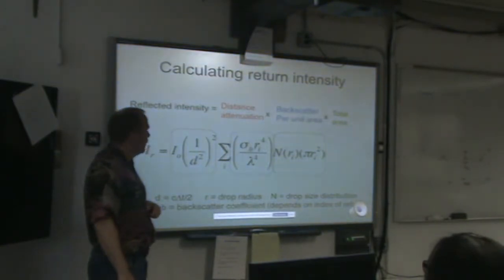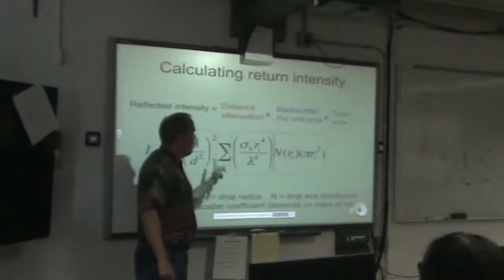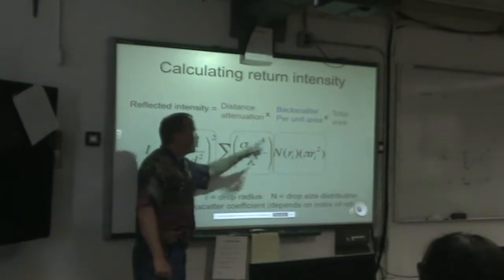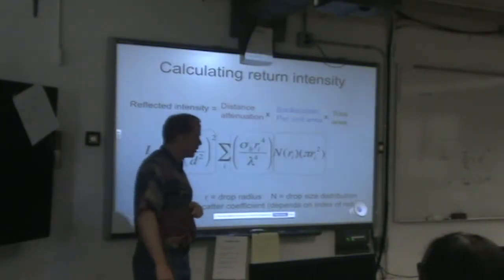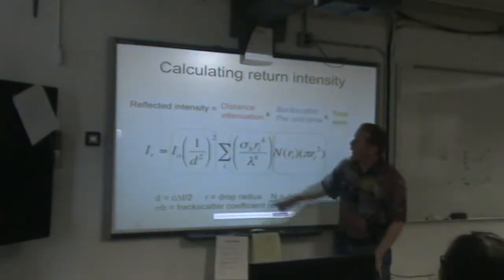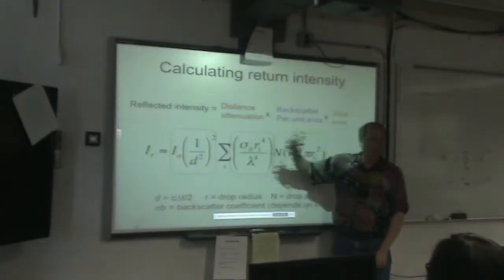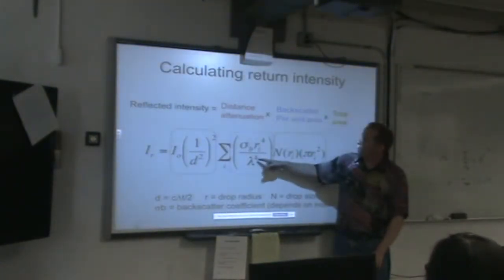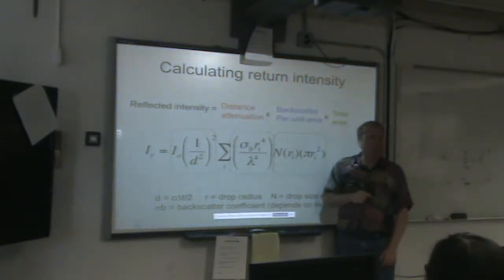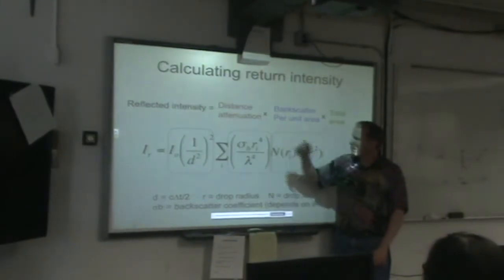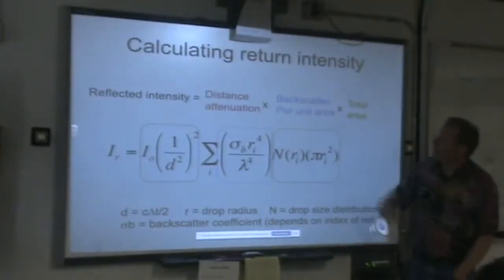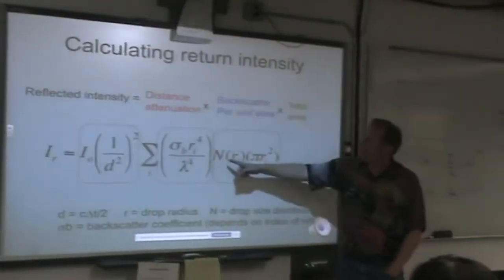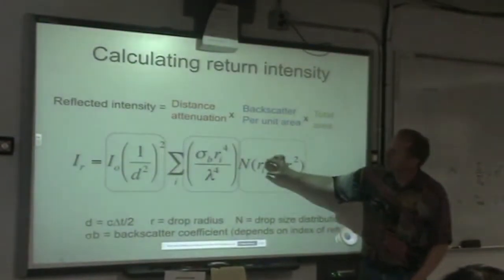Okay? Now we're going to sum over all of the different radii of the reflectors. Now this first one we have our sigma, that's our backscatter cross-section there. Radius to the 4th over wavelength to the 4th. That should look familiar now, right? That's our Rayleigh scattering. Now we have to get the area. How many particles are there of a given radius?